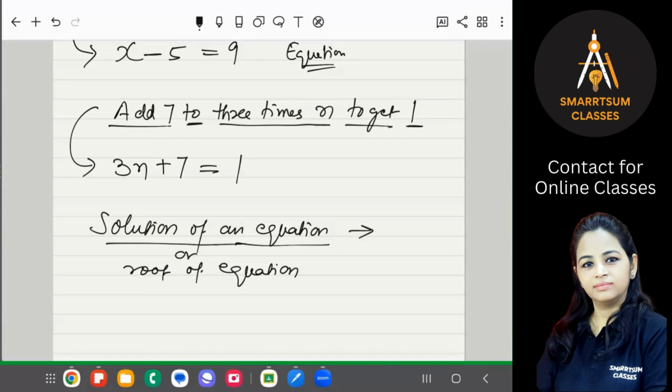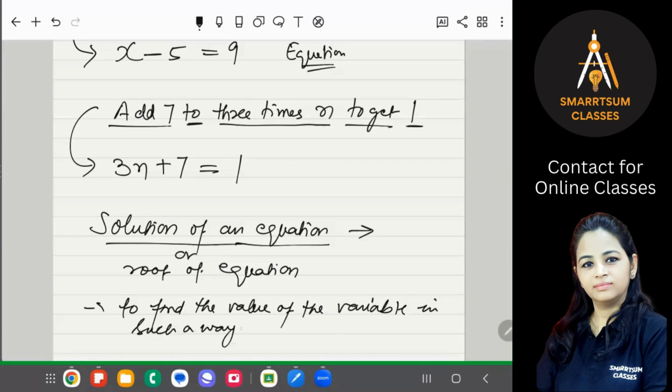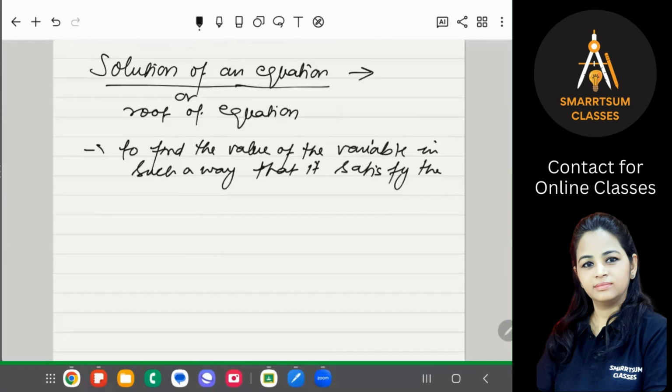Solution of an equation means to find the value of the variable in such a way that it satisfies the equation. What do you mean by satisfy the equation?